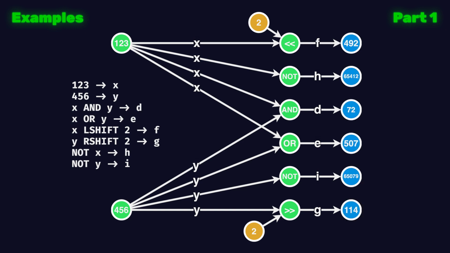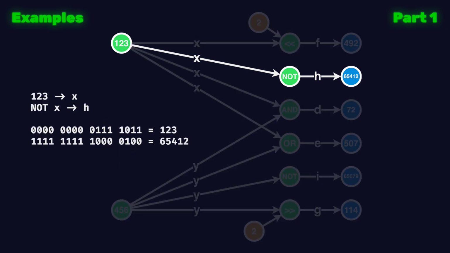Now if we zoom in on the NOT gate, then we can have a nice example to remind ourselves that we should work with 16-bit numbers. Here we can see that we put 123 to wire X, and then we put NOT X onto wire H. If we consider the 16-bit representation of 123, then we see 6 bits are set.